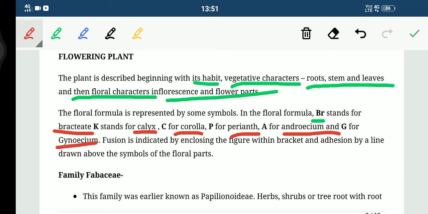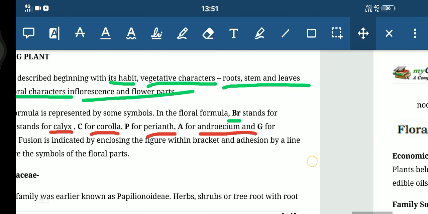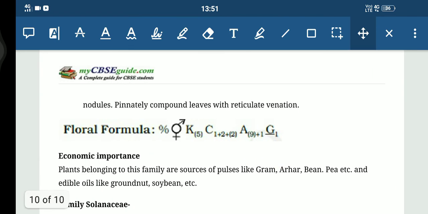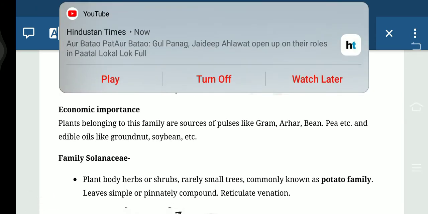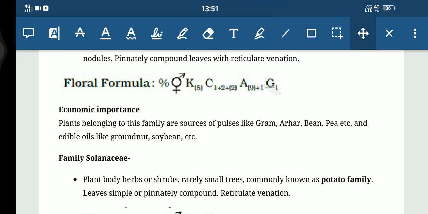Talking about the family Fabaceae: herbs, shrubs or trees, roots, fine, with root nodules, pinnately compound leaves with reticulate venation. Next, students, talking about their formula, fine. They are bisexual, fine.